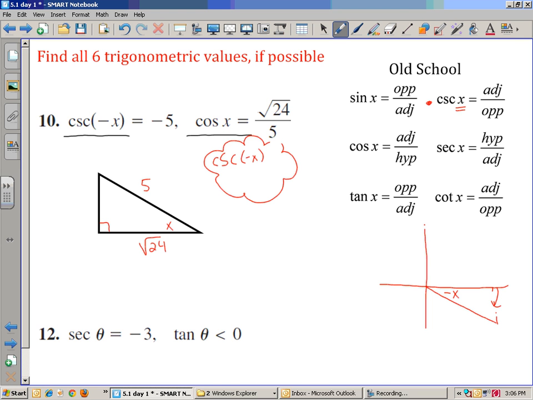And so what I want to do is think about what is cosecant. And cosecant is really 1 over sine. So this is telling me that the sine of negative x is equal to negative 1/5. Well, sine is opposite over the hypotenuse. So now that's telling me which quadrant I have to be in.